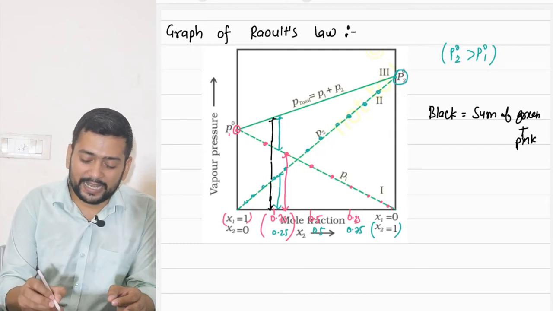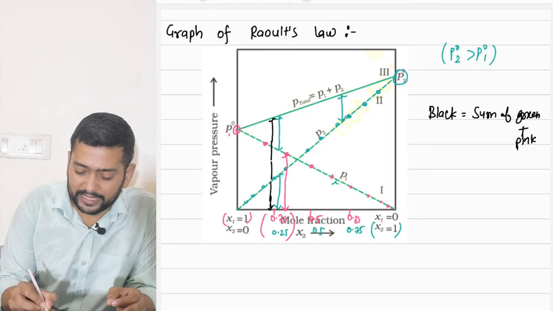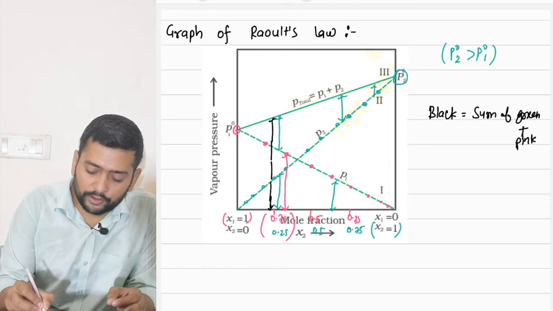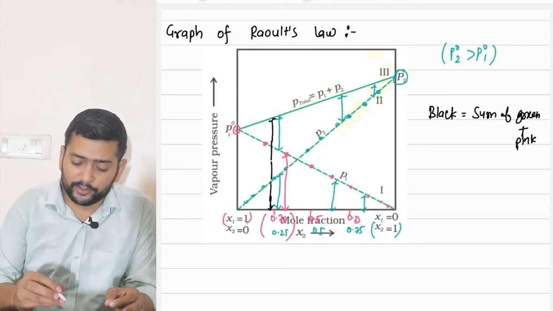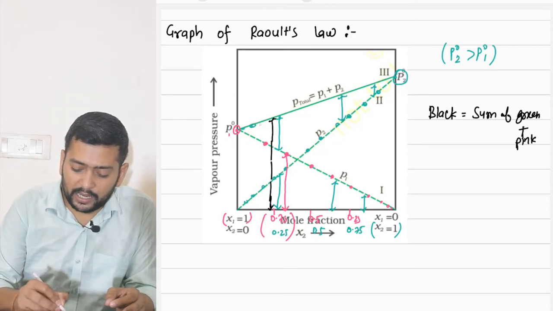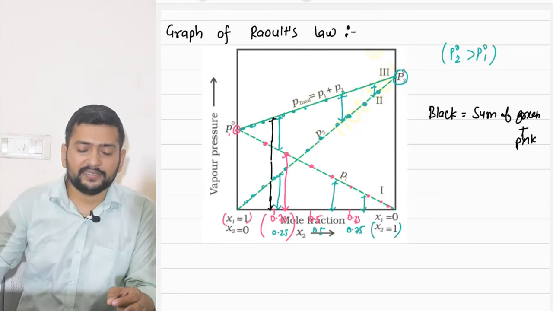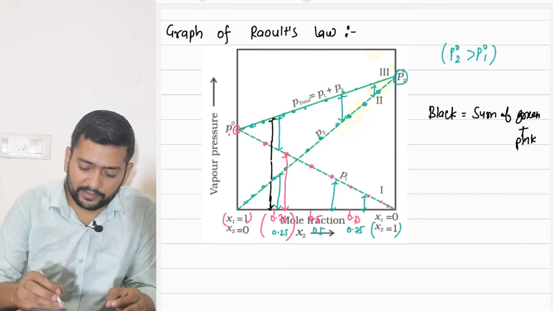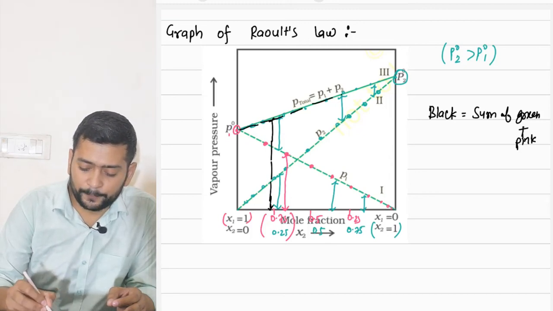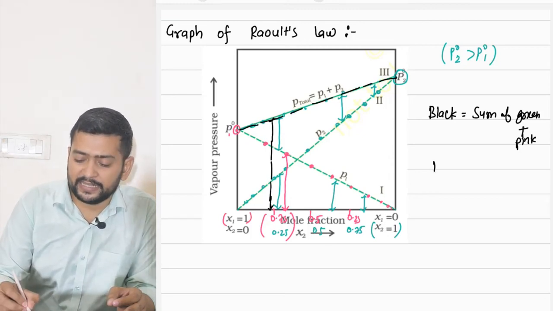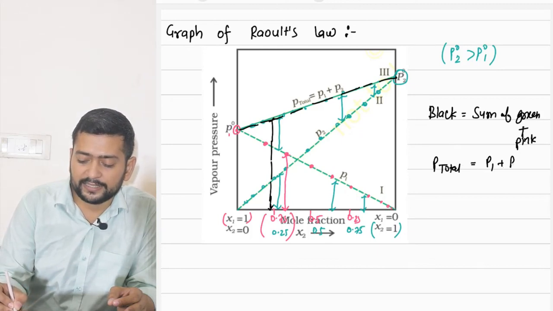So this is the reason why both of these values will be the same. You can also draw over here and both values will be the same. I hope this is clear to you. And again, if I draw a line, it will become something like this, a straight line which I am drawing with the black color right now. So this way you can explain that P total will be equal to P1 plus P2.